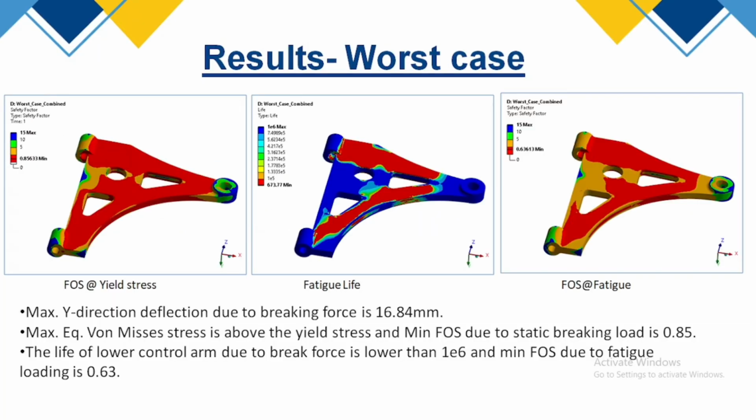So we can see that this will fail due to the bump, so we have to improve the design of the lower control arm so that it survives our requirement, and our automobile should be able to go through better road performance. Yeah, so thank you everyone.